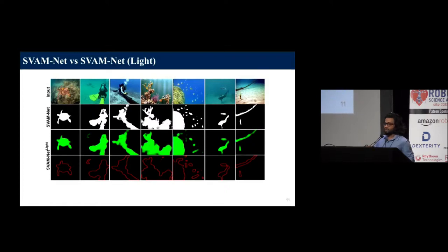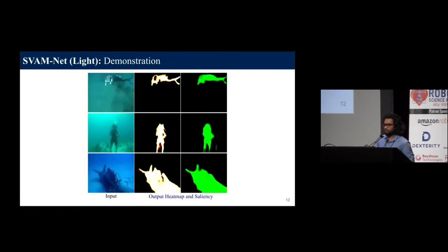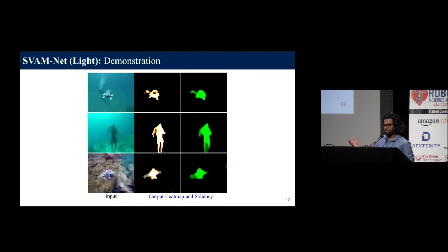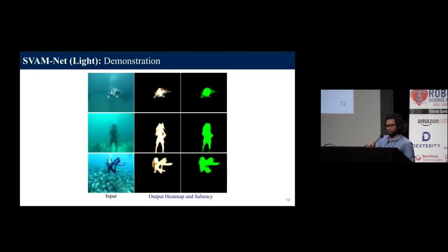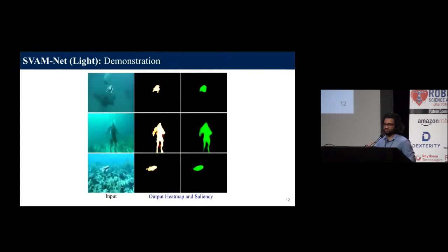As you can see, the full model's output is fine-grained and pixel-level accurate, whereas the light model's output is sort of abstract, but still pretty well localized for high-level decision-making, and to segment out the background from interesting foreground regions, such as humans, other robots, fish, coral reefs, instruments, and so on. This is our model in action on footage of underwater human-robot cooperative experiments. As you can see, it can successfully segment out the water body background pixels and gives you a kind of visual filtering job, like visual attention modeling.